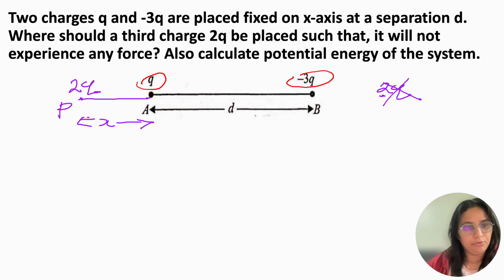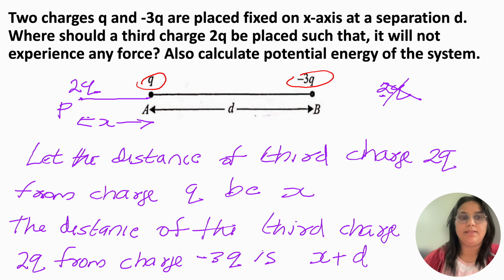On 2q, the force due to q is to the left and due to minus 3q is to the right. Let the distance of the third charge 2q from charge q be x, and the distance of the third charge 2q from charge minus 3q be x plus d. For the net force on 2q to be 0, the forces due to q and minus 3q must balance.